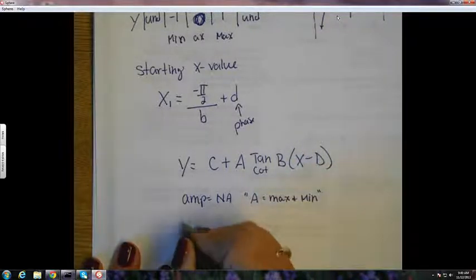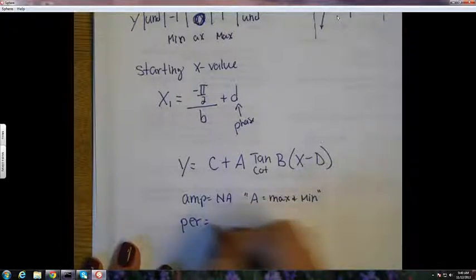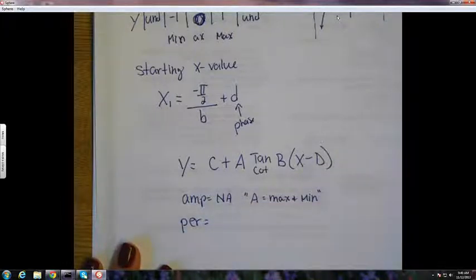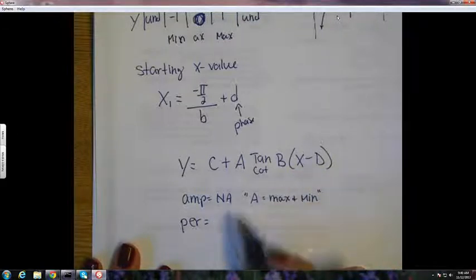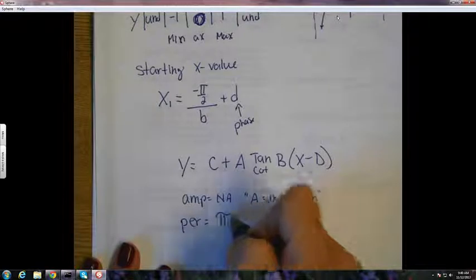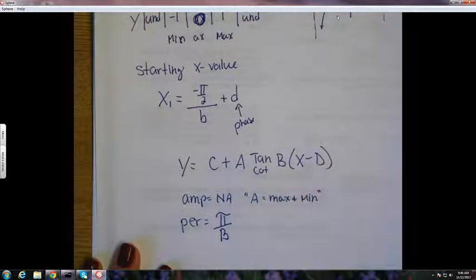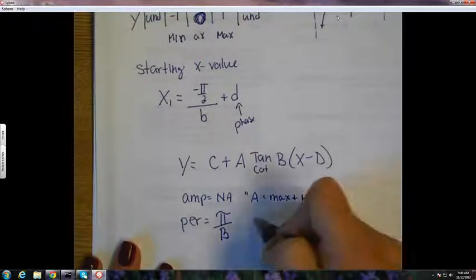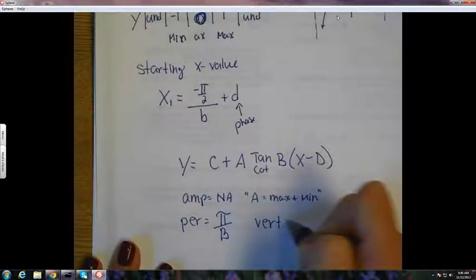Period. The other 4 functions have a normal period length of 2 pi divided by b, if there's a b. For these ones, we just got to remember it's not 2 pi, it's pi divided by b. So that's a change from our other 4. Vertical shift is still going to be the c.